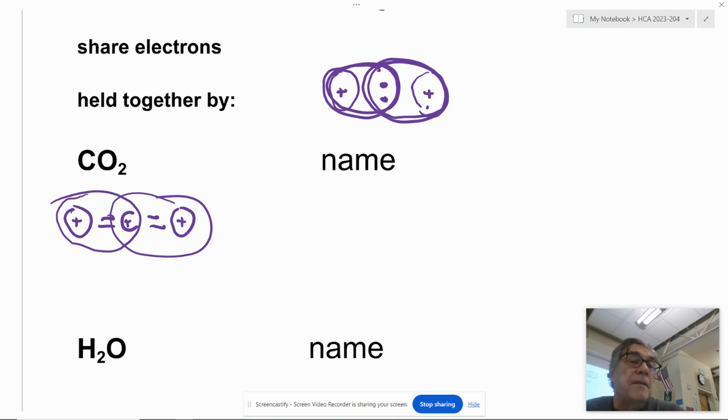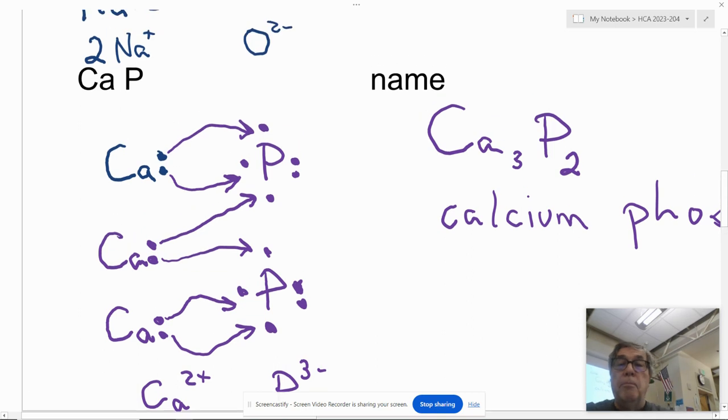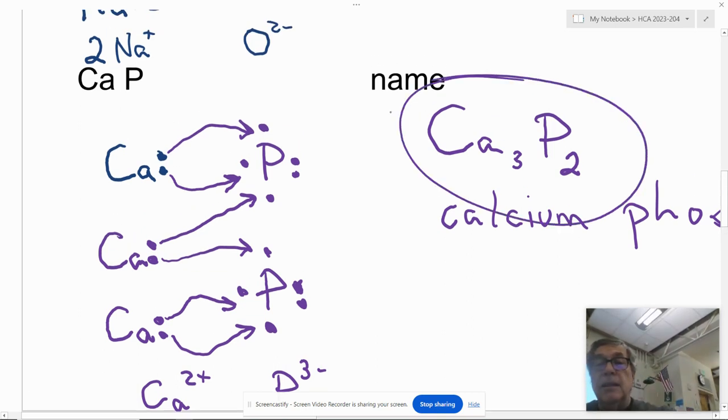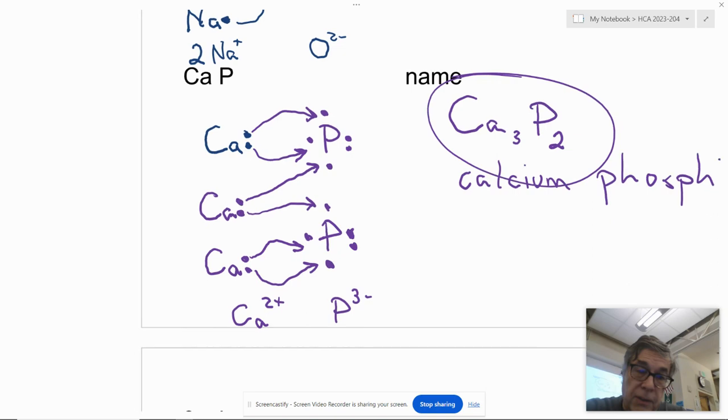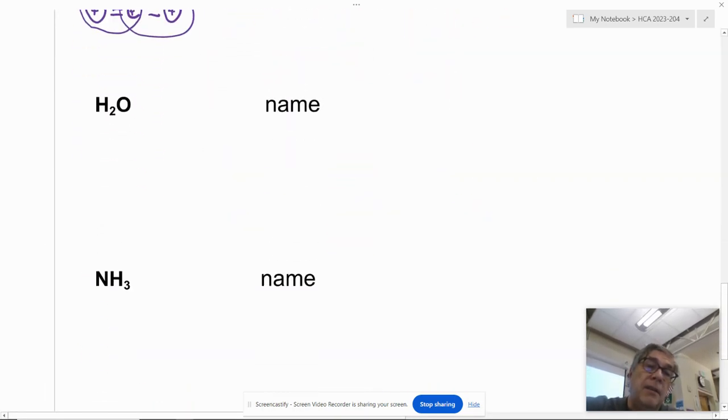Now, you have studied a little bit about bond energy, and that if you're going to break those bonds apart, you know how much energy you have to put in. You also know that you have to break these bonds apart, and it's going to take a lot more energy because there are large charges involved holding those together. And that was all in the stations activity you did a while ago.